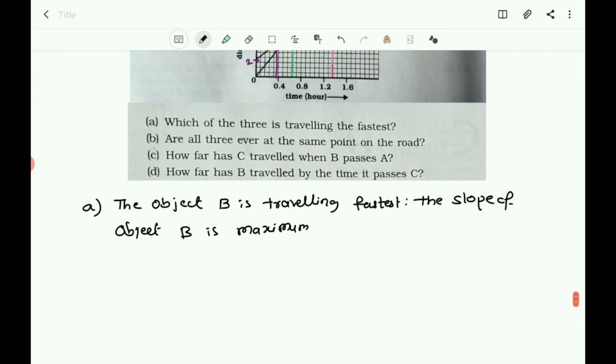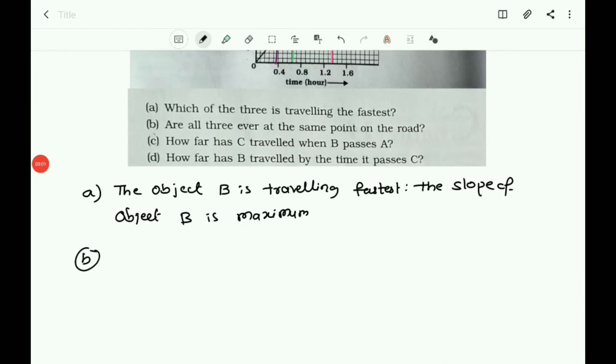So what can you write? For question B, you write the answer: here all three graphs do not intersect each other.